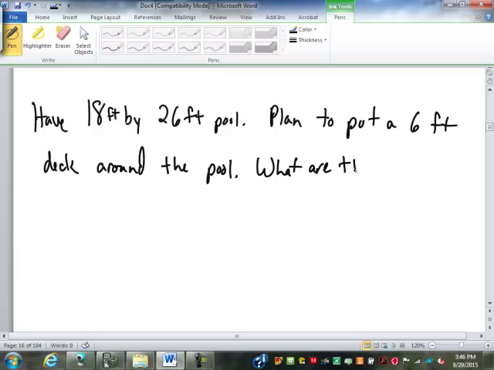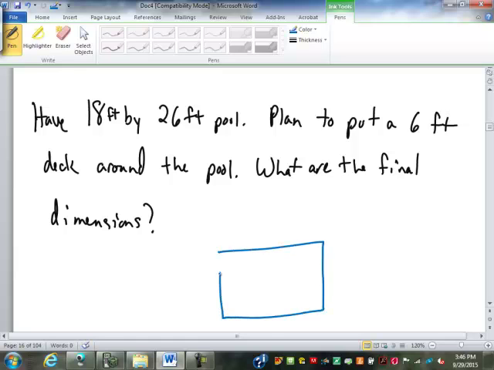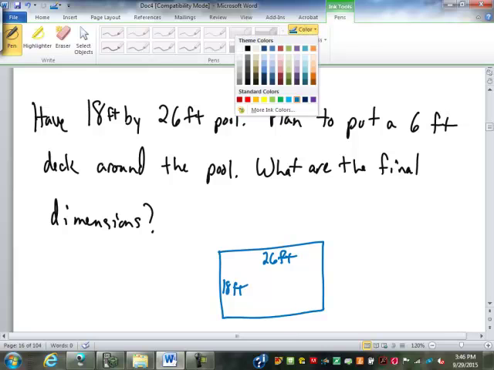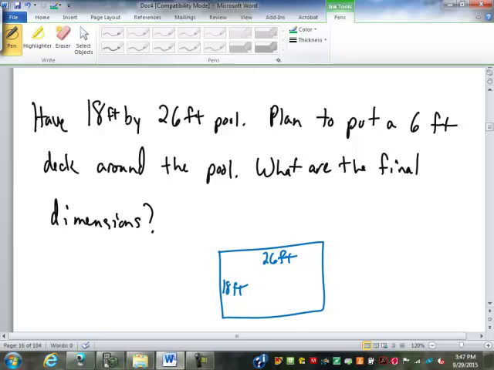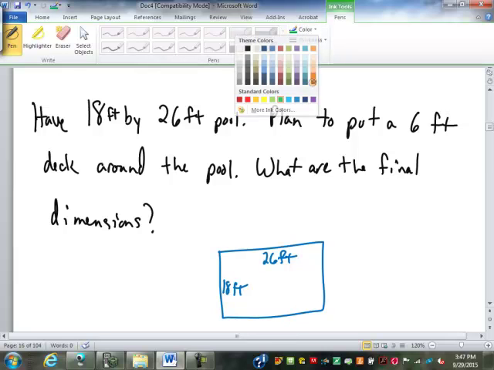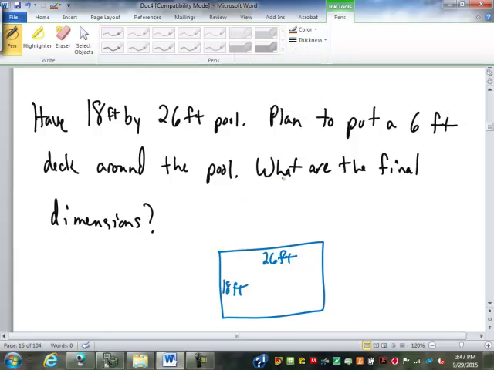What are the final dimensions? Well, I like to sketch out pictures for things like this because pictures fit pretty well. The pool is 18 feet by 26 feet. Now the deck, we're going to assume it's out of wood, so I'm going to make it brown, is 6 feet wide.